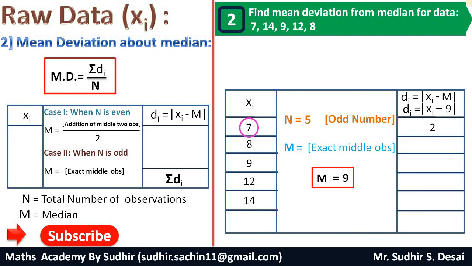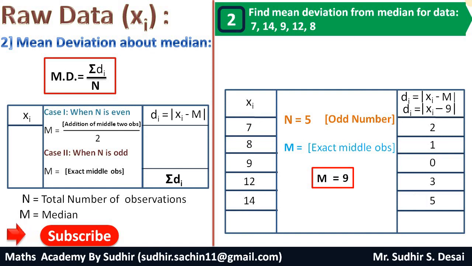Next xi is 8, minus 9 is minus 1, because of the absolute sign it will become 1. Next xi is 9, 9 minus 9 is 0, and its modulus is also 0. Next 12 minus 9 is 3, so 3. And last 14 minus 9 is 5.